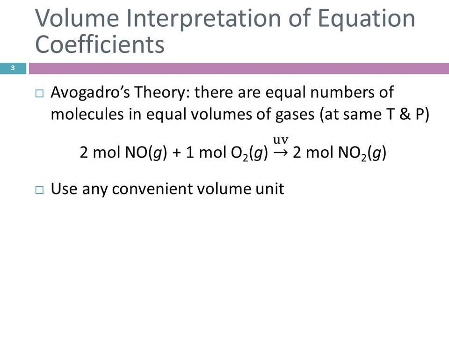So if we look at our mole interpretation of that previous equation, 2 moles of this react with 1 mole of oxygen and form 2 moles of NO2. Each mole is going to have a particular number of molecules in it. And for gases, if the number of molecules is the same, then the volume is the same.